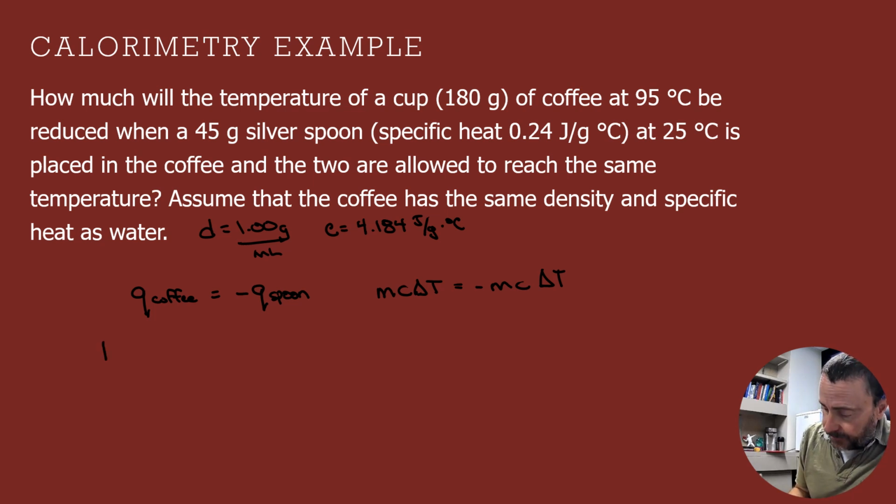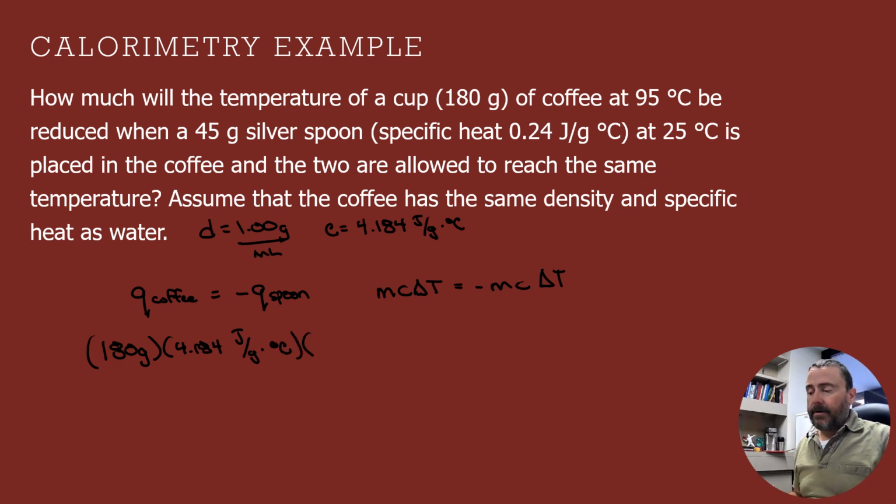So I've got 180 grams of my coffee times its specific heat, 4.184 joules per gram degrees Celsius, and our change in temperature. So T final. Well, wait a minute, I'm looking for the final temperature, so I don't know that yet. Minus our initial temperature.